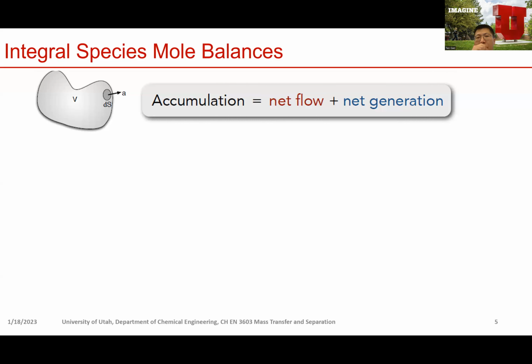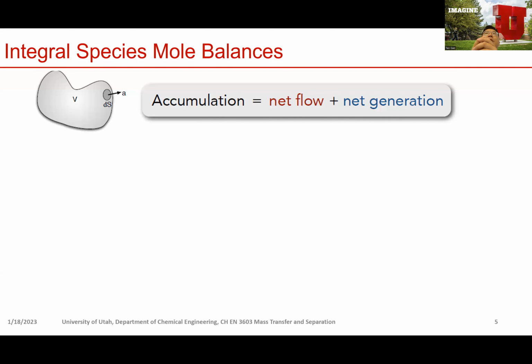Conceptually, the amount of species present in this control volume, and its accumulation, as we call it, meaning how it changes with time, comes from two parts. One is if there's fluid motion, then some species will be carried into this control volume.